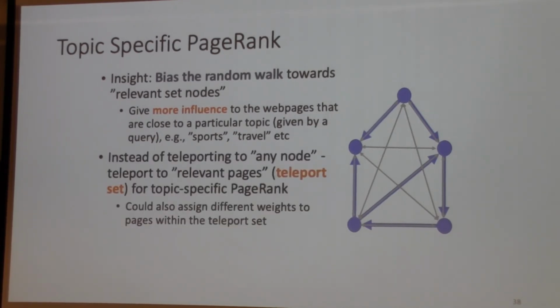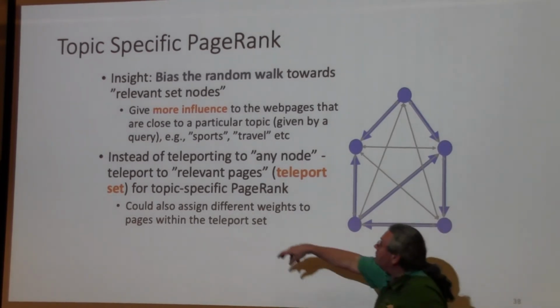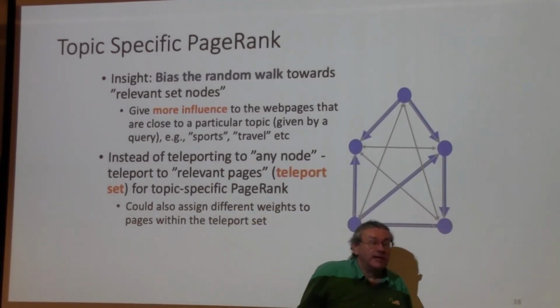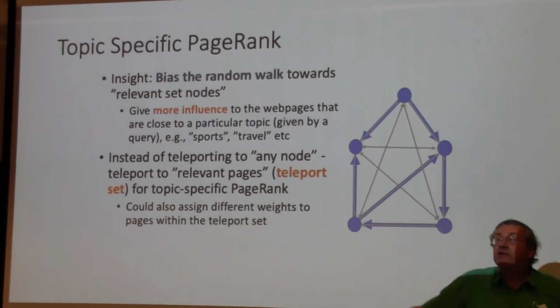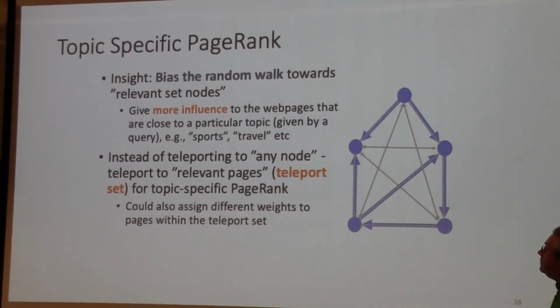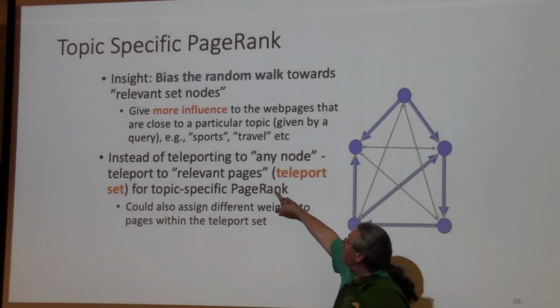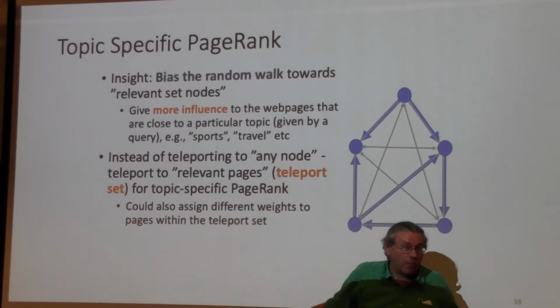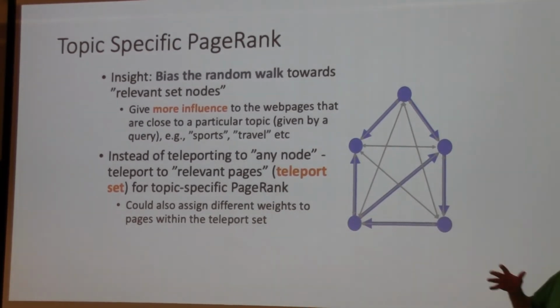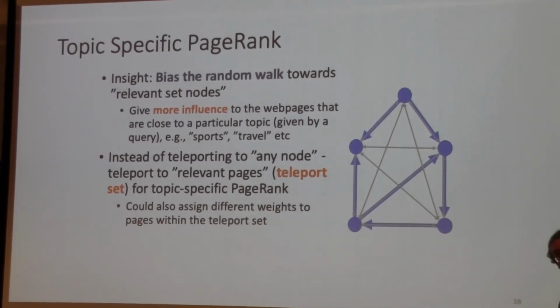But the way to make it work is you change the teleport. Instead of teleporting to a random page anywhere, you only teleport to relevant pages. Somehow you have a subset of all the pages, and there you can look at keywords and so on. All the pages that are about sports, and you only teleport to that. So that means the random walk is somehow staying inside this relevant area.